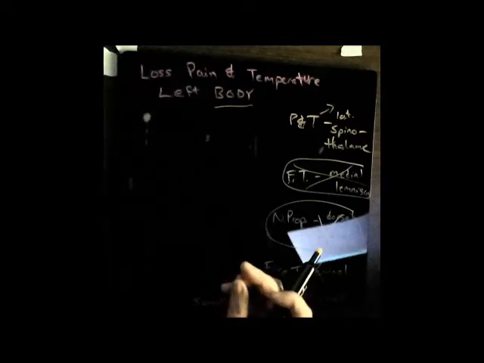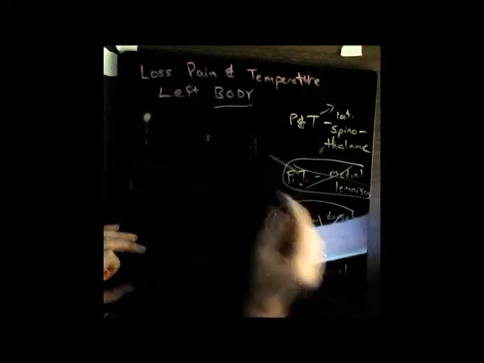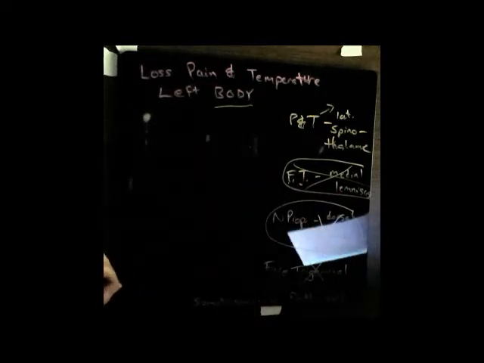But what if you had a lesion of the dorsal ganglia? You'd also have a loss of fine discrimination touch, right? So now you know it's not in the ganglia. The same thing with VPL, the thalamus, or the cortex. In those cases, you're not going to have pain and temperature isolated. So it's not in the cortex, it's not in the thalamus, it's not in the ganglion.